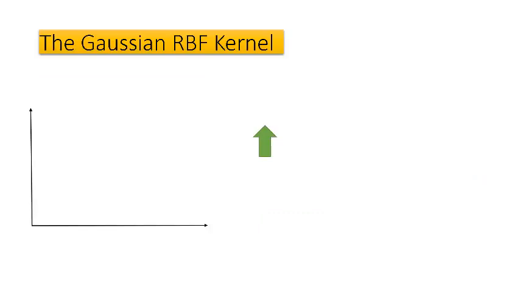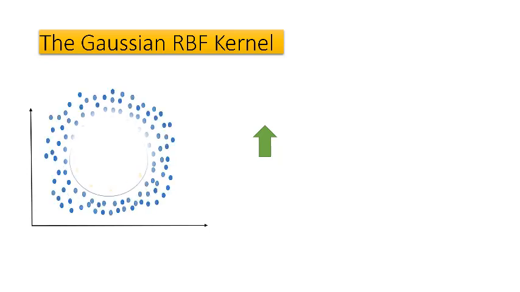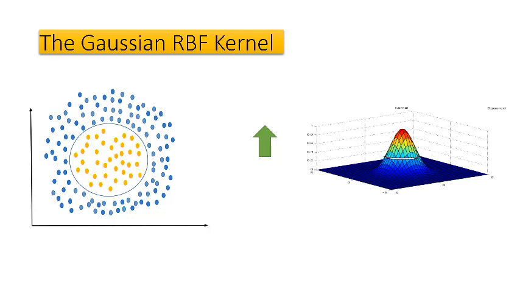So now I am showing you that the value of sigma is very significant. Suppose there is a data point which is not linearly separable. Now I can say that this is the value of sigma.